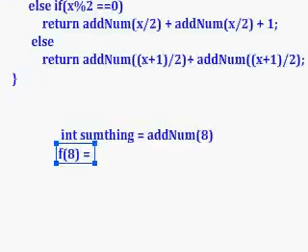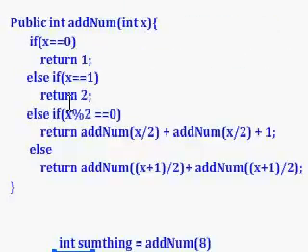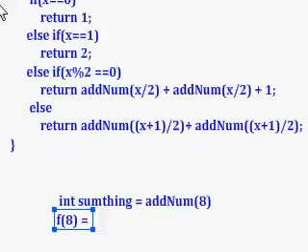One sec, let me drag this back up. And we see that the first condition is not satisfied, second condition is not satisfied, third condition, it is even. So it's supposed to return add num of x over 2, or f of x over 2, which is 8 over 2 in this case.